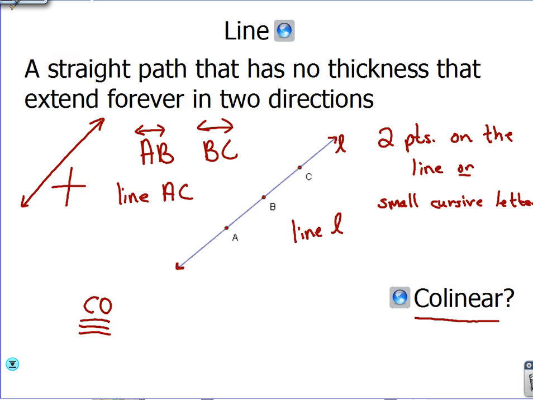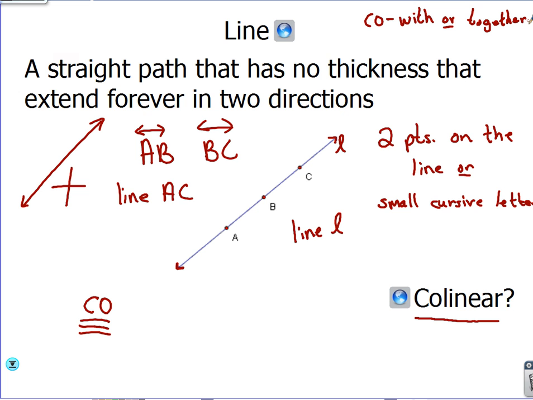Take those words: co-worker, co-captain, cohort. The prefix co means with or together.